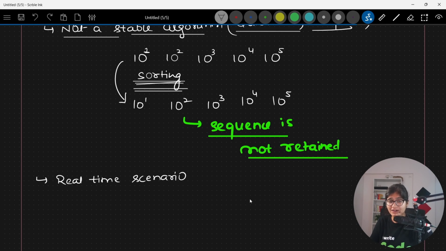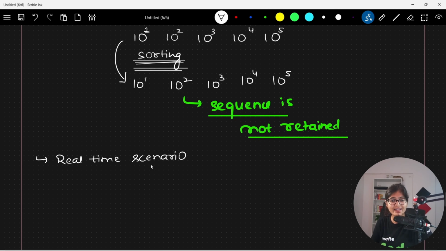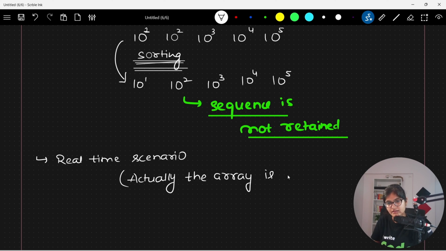But only when our array is highly unsorted. That is the key thing to understand. So I hope I am making sense to everyone.